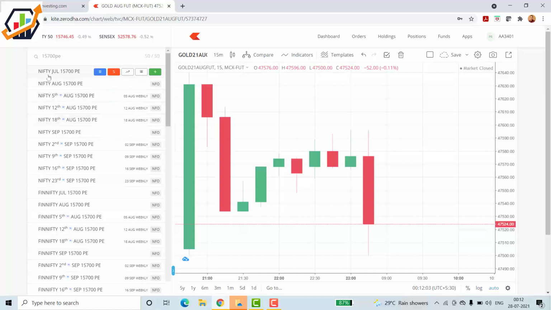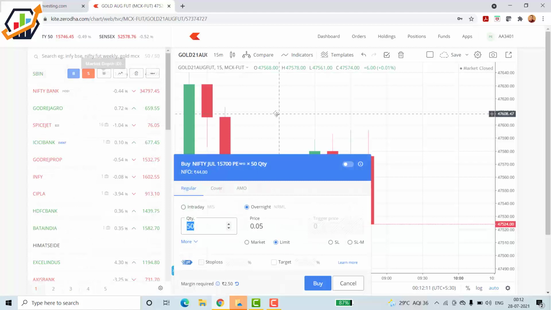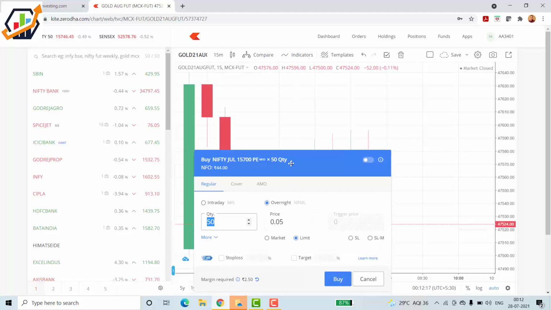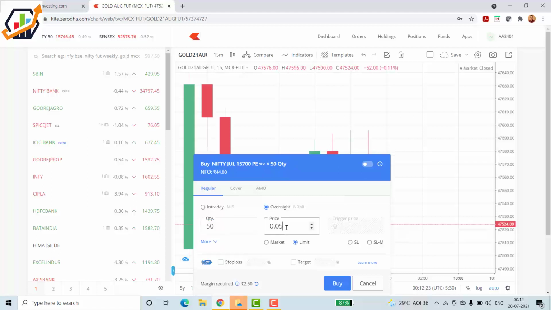So July 15,700 put, this July is the last week, and if you buy a put, then you'll be taking a bearish position. If the price goes down, you'll make money. If it goes up, probably the premium which you're paying would end up being zero if you don't square off till the end of the contract.